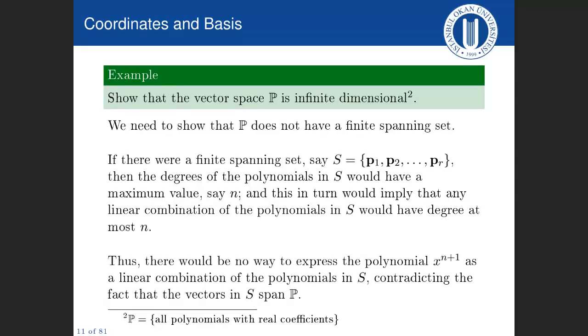But then that means there's no way to make the polynomial x to the power n plus 1 by using a linear combination of polynomials in S. And that contradicts the fact that these vectors in S need to span P. So therefore, there does not exist a finite set which spans P. Therefore, P is infinite dimensional.